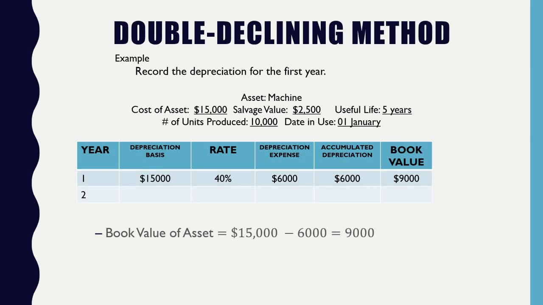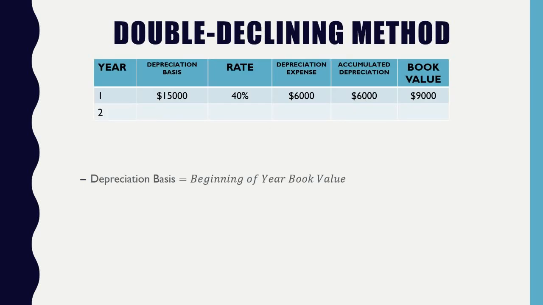If at the end of December 31st of the first year we calculated the book value to be 9,000, then our automatic assumption is that the beginning of year 2, January 1st, equals the end of December 31st.